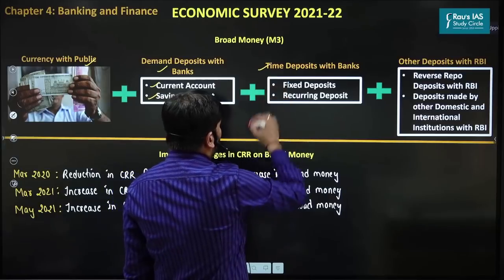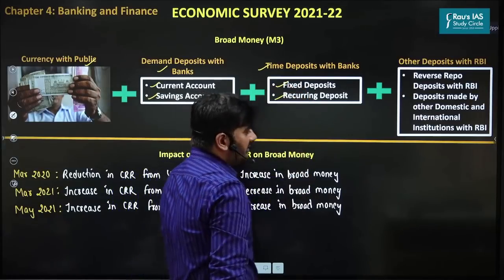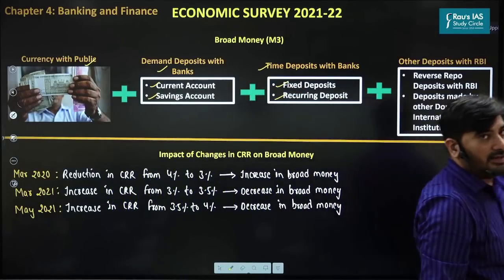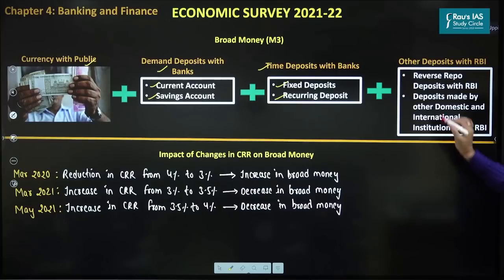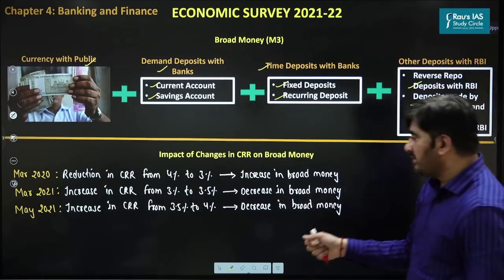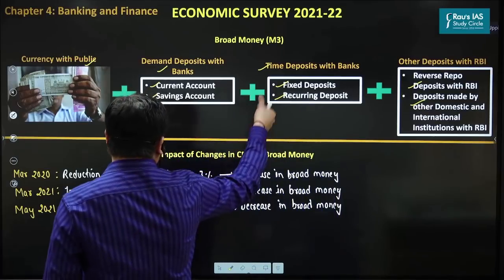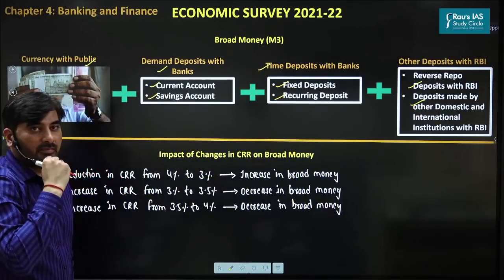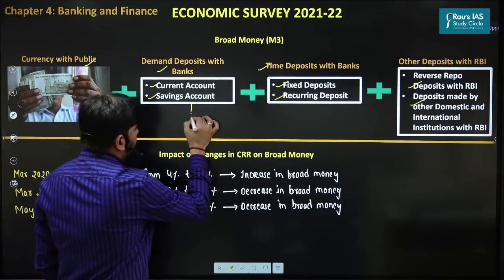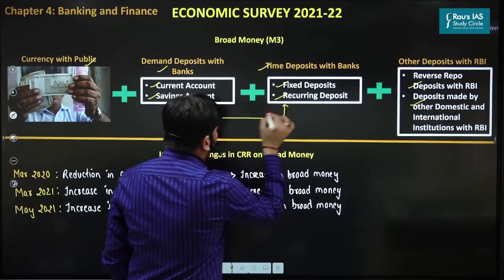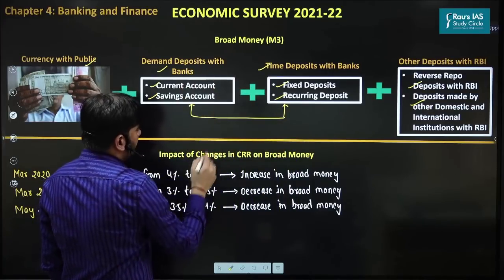Time deposits with the banks, that is fixed deposits and recurring deposits. And other deposits with the RBI, which is reverse repo deposits with the RBI, and deposits made by domestic and other international institutions. So now let's understand how changes in CRR would impact my broad money. Now let's say my total demand and time liabilities is rupees 100.